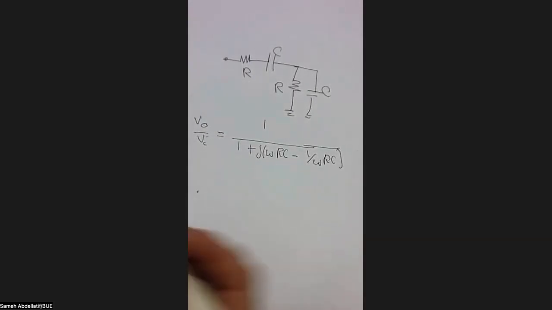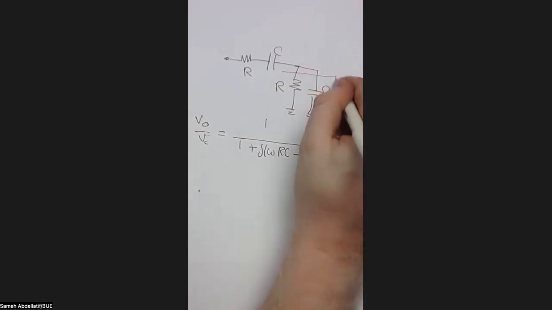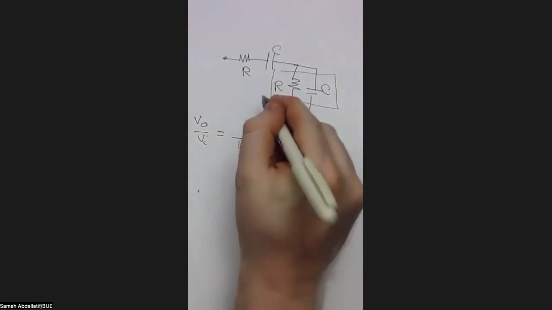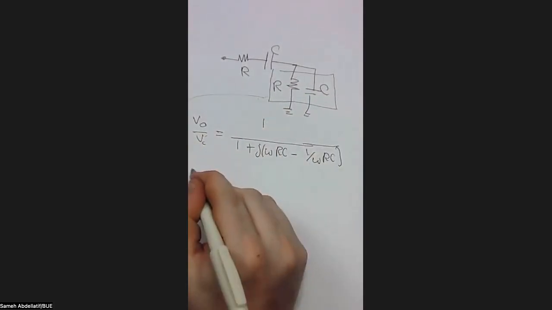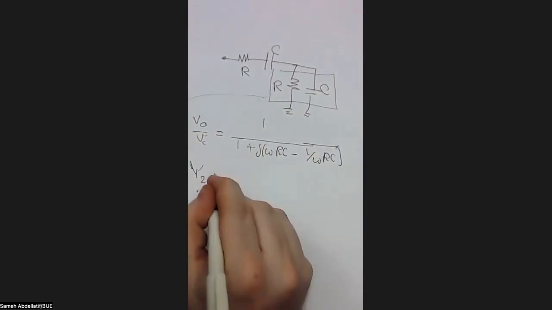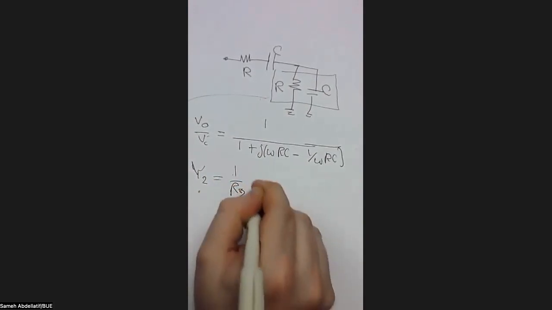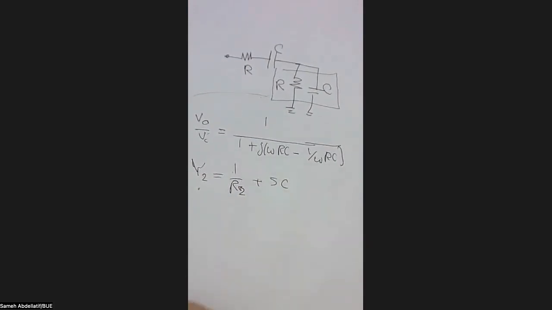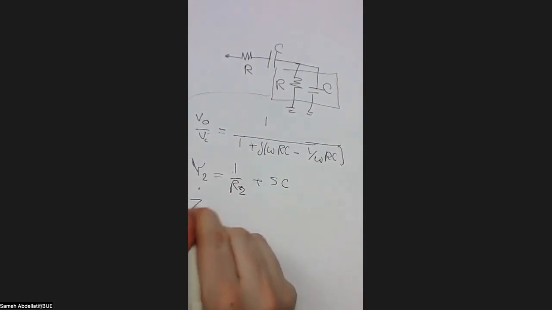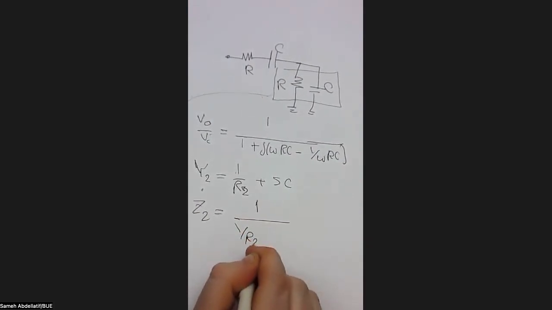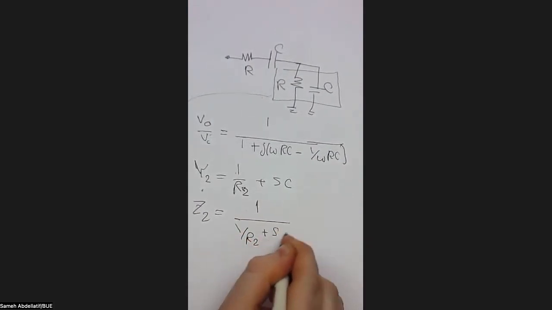It was very simple. Let me remind you directly that we make a combination of these two parallel components. So the admittance of this parallel component, I call it, if you remember, Y2 equals 1 over R plus SC. So simply the Z, or the impedance, is the reciprocal, so it's 1 over (1/R plus SC).